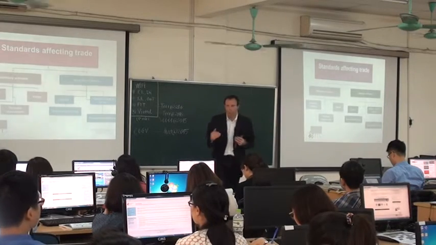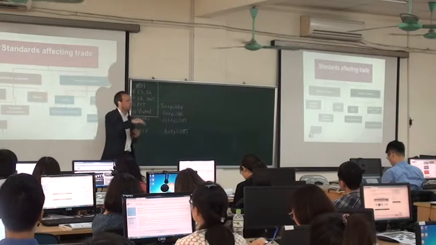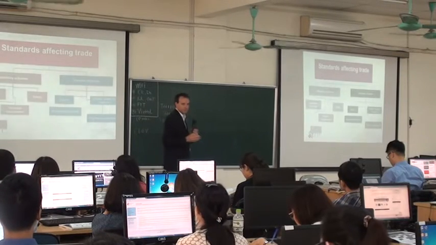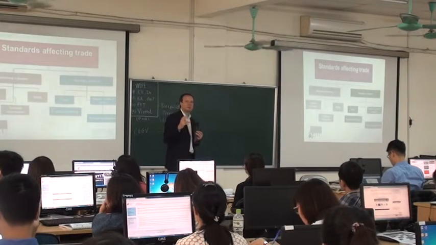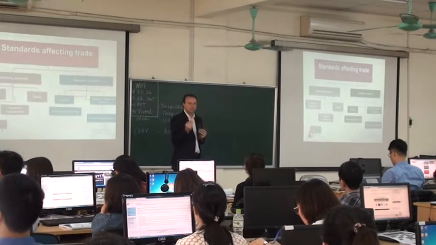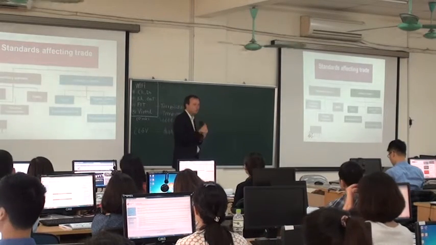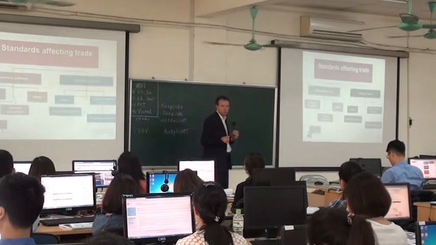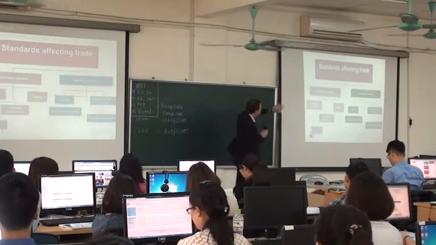This is very obvious, and most of the time, the mandatory schemes are taken care of by the government. So the government decides, for example, on residues of pesticides, or elements that the food should or should not contain. This is mandatory by law. Okay, this is the first category.